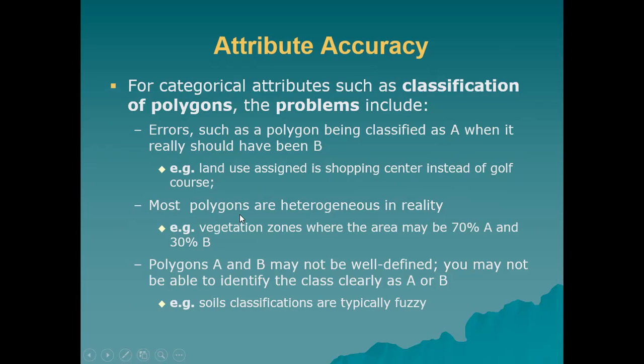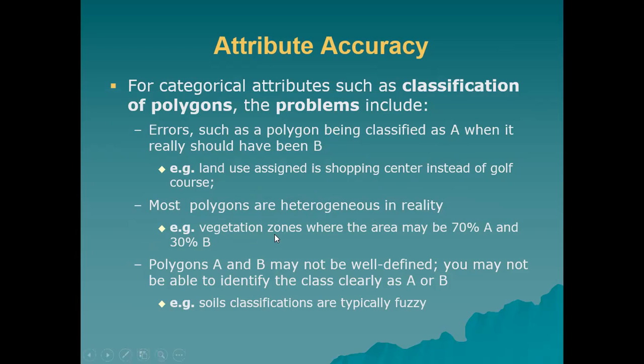Other examples, most polygons are heterogeneous in reality, meaning it's not one value. But the way the features are designed and represented with polygons, just as with a cell, you can only assign one value, when in truth and in fact, other features may fall within that polygon.